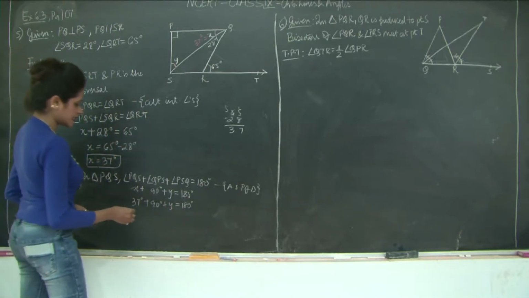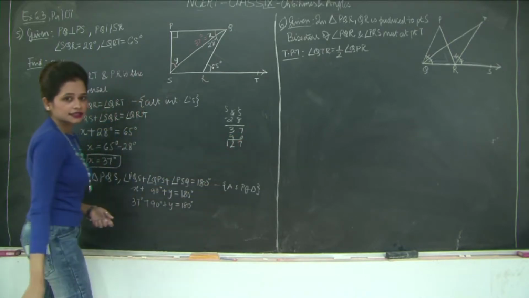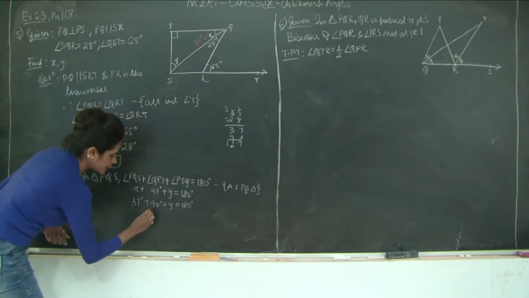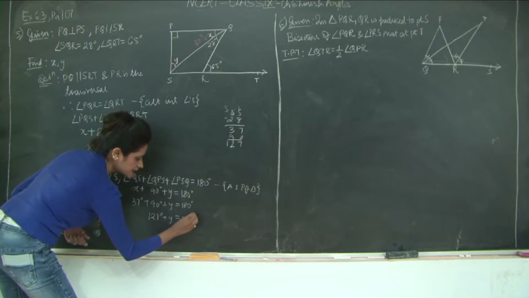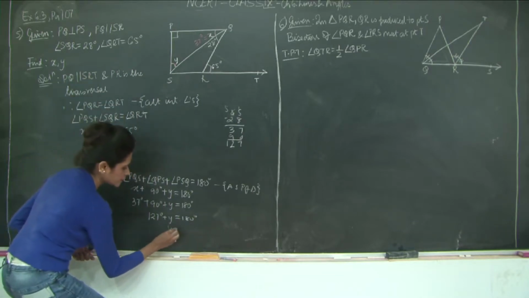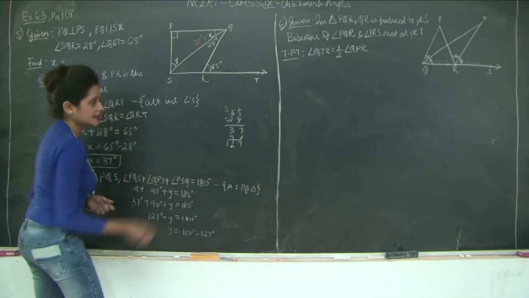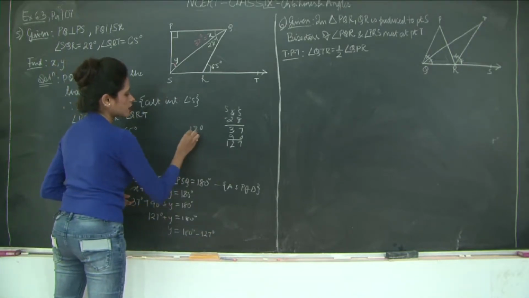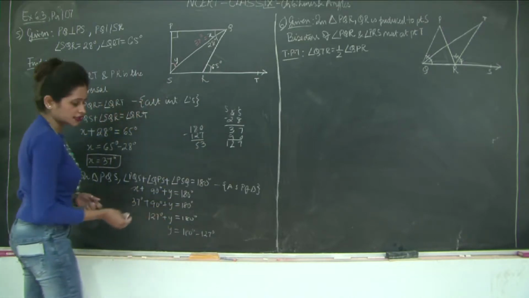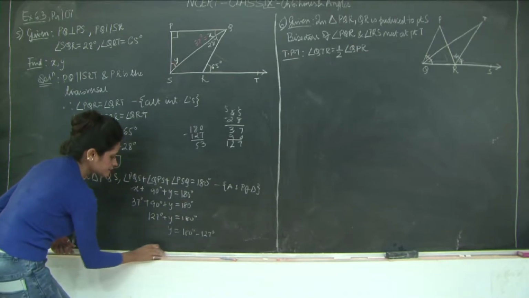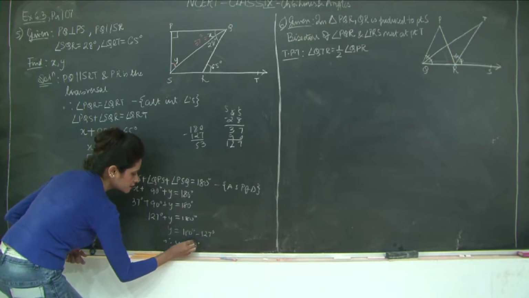So 37 plus 90 will be 127 degrees, and so I get 127 degrees plus Y is equal to 180 degrees. Therefore, Y is what? 180 degrees minus 127 degrees. Let's calculate this. 180 minus 127 will give me 3 and 7 minus 2 is 5. So 53 degrees. Therefore, Y is equal to 53 degrees.